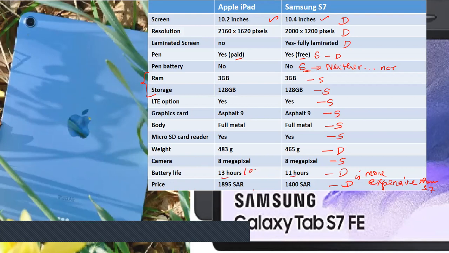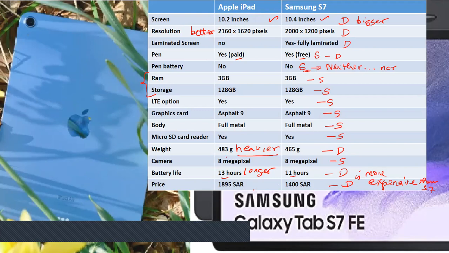Battery life 1311. So it has got longer battery life. Weight, this Samsung is 465, 485. So this is heavier. And screen resolution, Samsung has got a bigger screen, 2160. So it has got better resolution. So first fix whether it's similar or different, and then fix the adjective so that it becomes easier for you to write the essay.